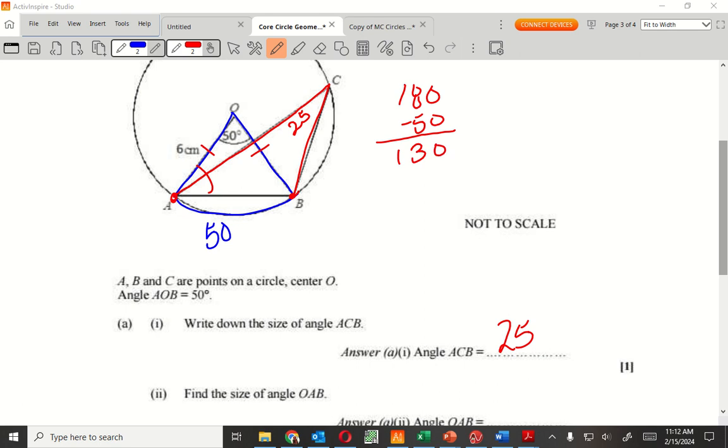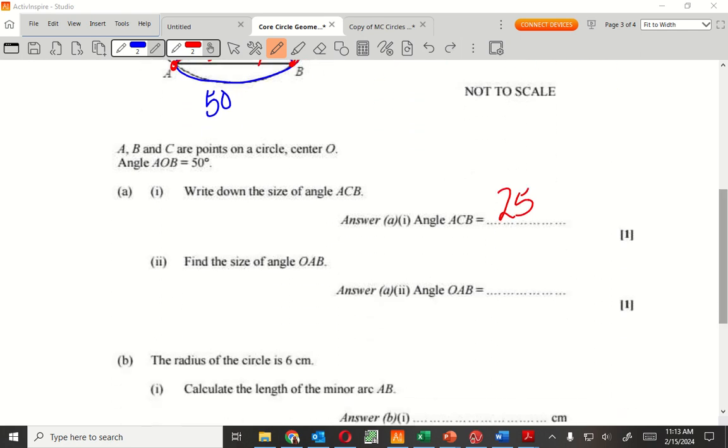Both feet together add up to 130. To figure out each foot, since they're equal, I divide by 2. 130 divided by 2 gives me 65. So my angle right there is 65. Is it the same for over here? Yes, it is.